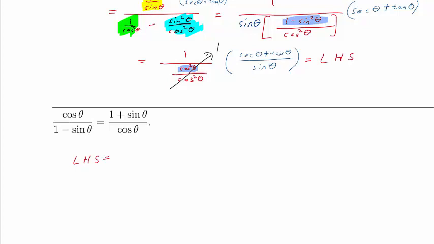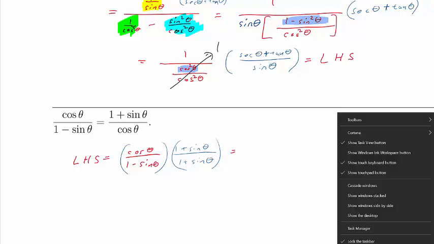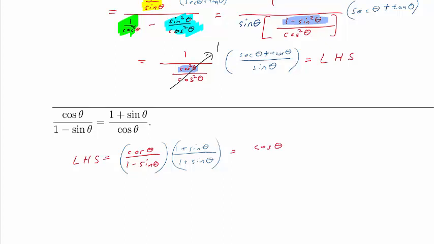But if you start with the left-hand side, we have cosine theta over 1 minus sine theta. And you're going to multiply this by the conjugate. Which is going to leave you with cosine theta over 1 minus sine squared theta.